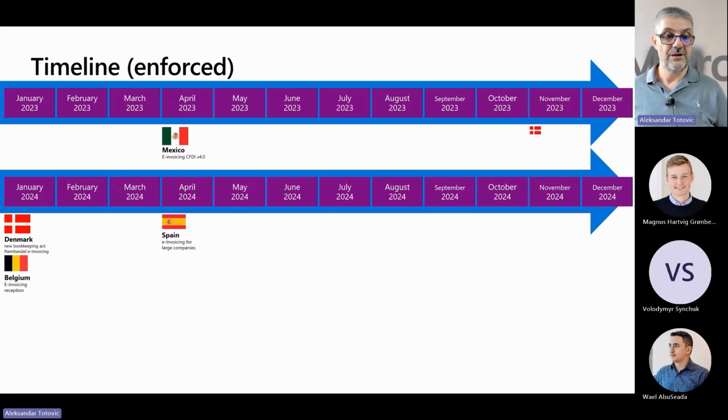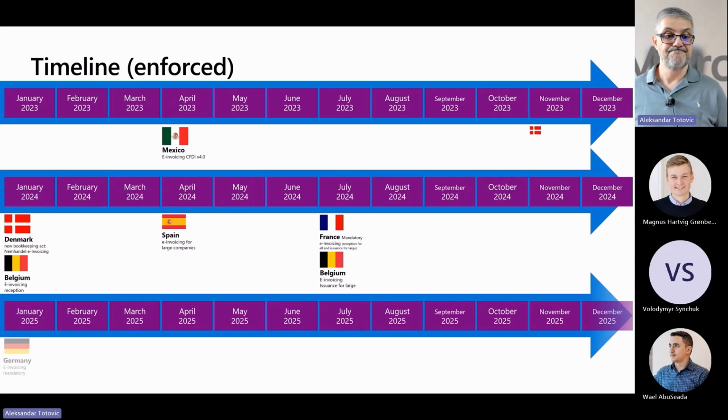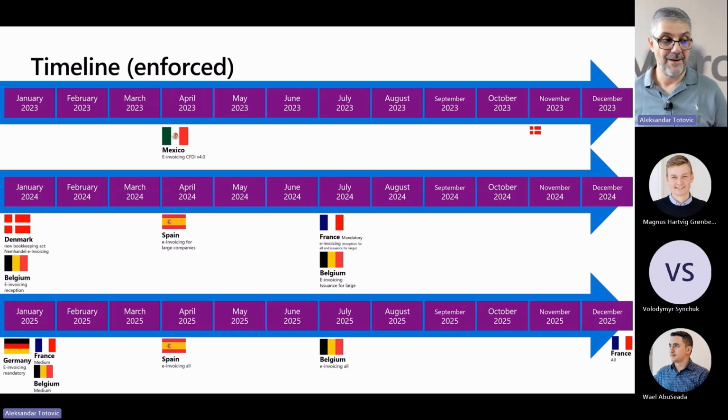Now, if you see, there are new countries coming with their mandated invoicing rules: France, Spain, Germany, other countries as well. And there is ViDA, the VAT in the Digital Age directive. This is a new EU directive about electronic invoicing and digital VAT reporting across the European Union.